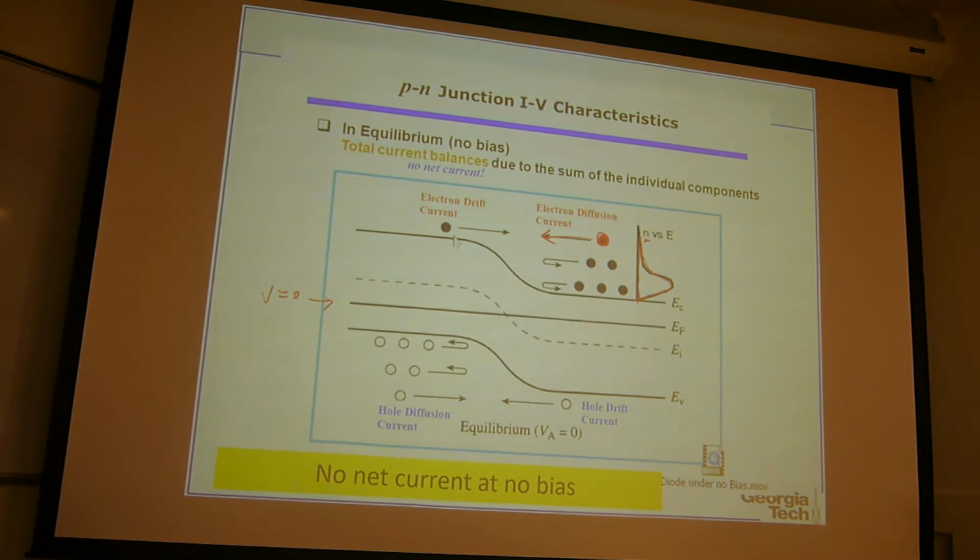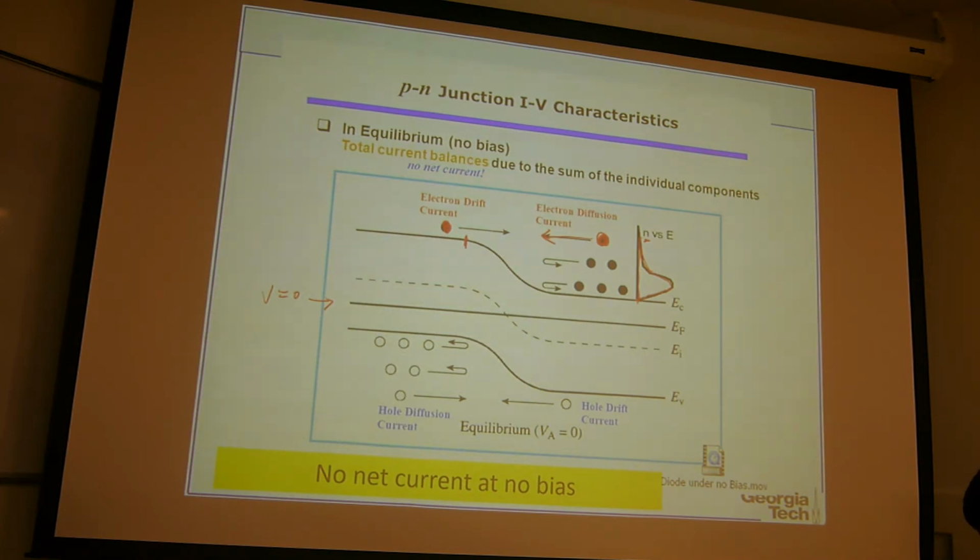Meanwhile, here we have the drift from the p side to the n side. This drift is due to the minority carrier. If you have an electron at the edge of this depletion region, then it will fall down. And this electron flow is limited by how many electrons are available at this edge.